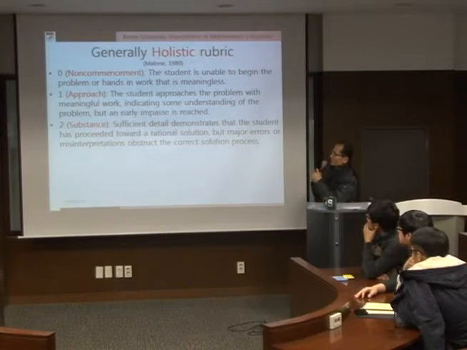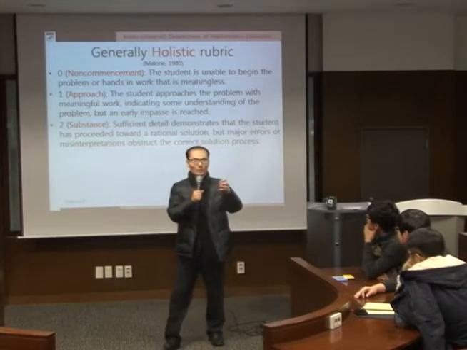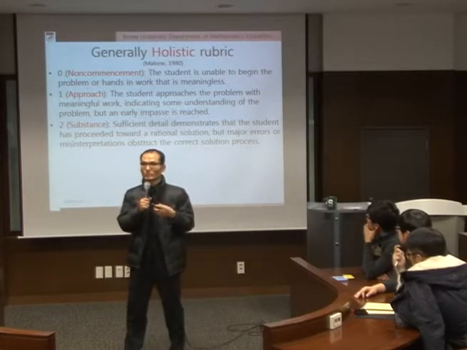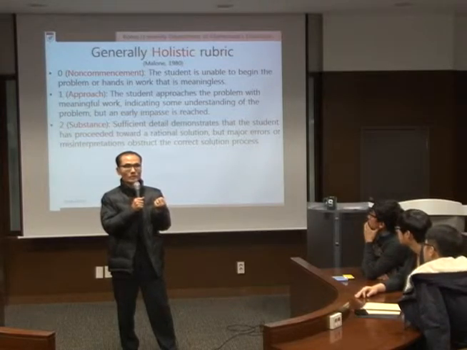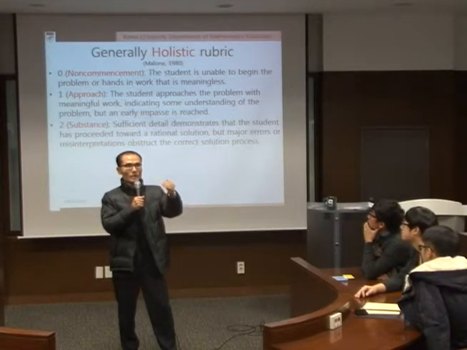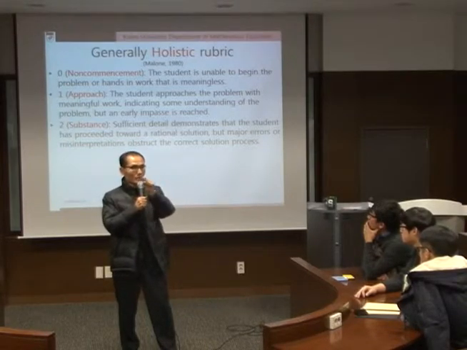The second, substance: sufficient detail demonstrates that the student has proceeded toward a rational solution, but major errors or misinterpretations obstruct the correct solution process. In other words, the student probably provides some wrong answers, right? However, there are major errors in his or her steps.